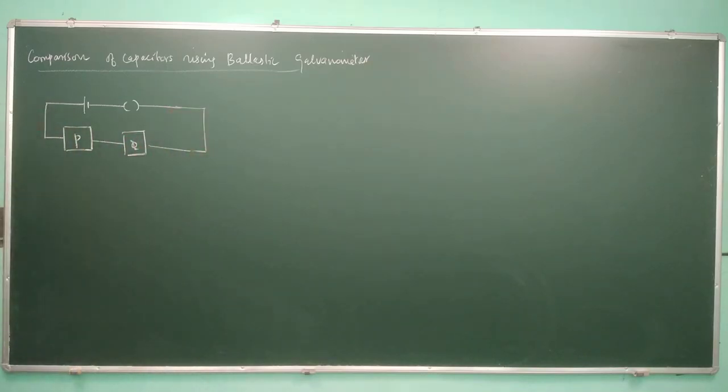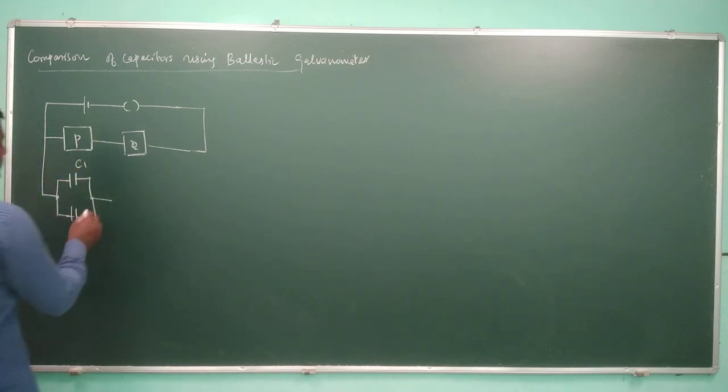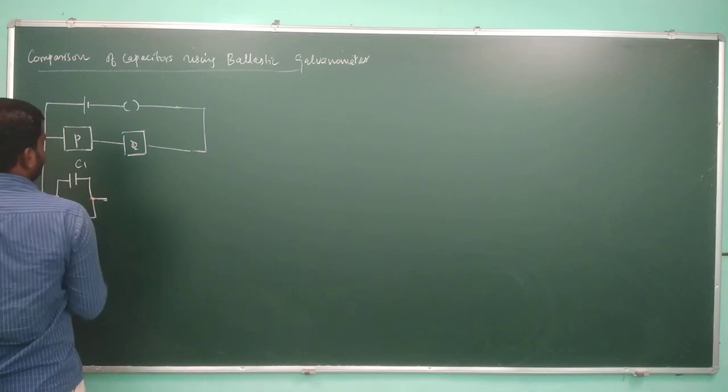But in the place of one capacitor, we have two capacitors, capacitor 1 and capacitor 2, C1 and C2, and this is connected to a charge and discharge key, right?